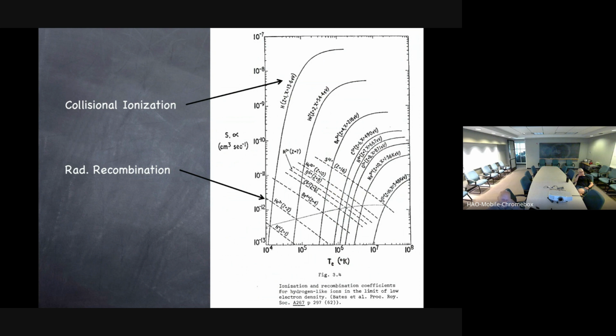So what are we looking at here? Let's look at the dashed lines. That's the recombination rate for a certain number of electrons. Look at the lowest little triangle at the bottom: as the temperature increases, the recombination rate per electron drops with temperature.